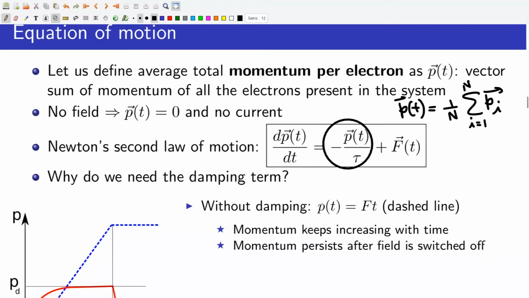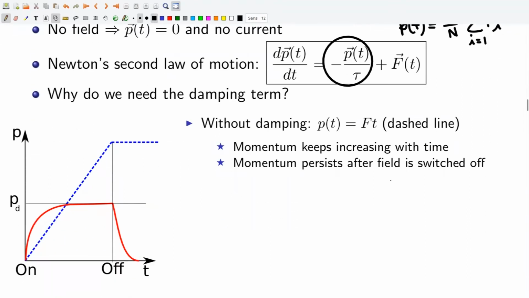Now let us consider what would happen if we do not have the damping term. In this case, the equation just turns out to be dp/dt equals F. There is no damping term.